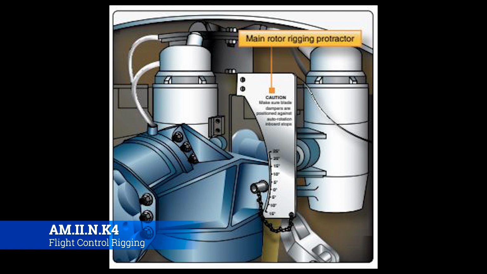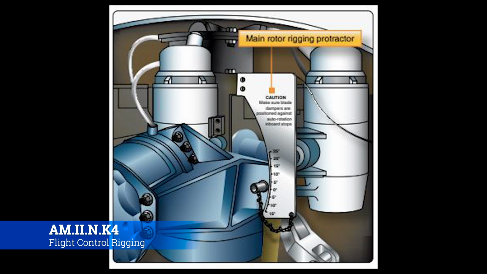We would adjust the PC links on the tail rotor until it got to that 30 degrees, and then we would rig all the way up to that point and make sure that everything that we had set in line would put the tail rotor at 30 degrees whenever the pedals were at a flush position. You would do the same thing with the cyclic. You would put the cyclic in one place and then rig it and make sure that the blades were set in a certain position, and then you would rig all the way up so that way it's nice and even.